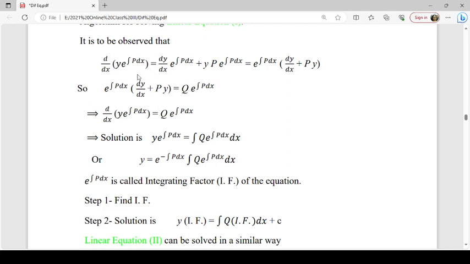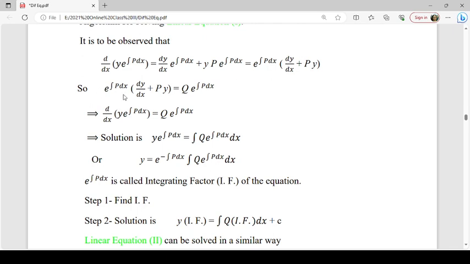And its logic is this one. If we take the derivative of y into e to the power integration p dx, y into integrating factor, then it is the product of y and the integrating factor. So y is the first part, the derivative of y is dy/dx, then into this second part; and the derivative of e to the power integration p dx is p into e to the power integration p dx, and we have dy/dx plus py.